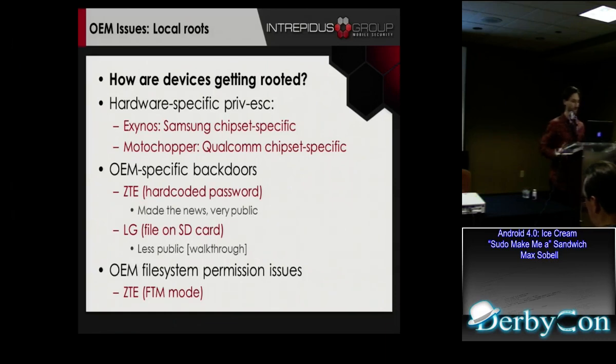And then we've seen some OEM-specific backdoors, which is just where the OEM either leaves it by accident or puts it into their particular build of Android. So the ZTE hard-coded password made the news. That was a really big deal. People were mad about that one. And it was just a set UID binary on the device, and if you gave it some random string, it would give you a root shell.